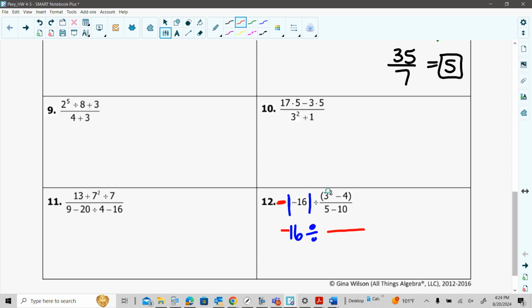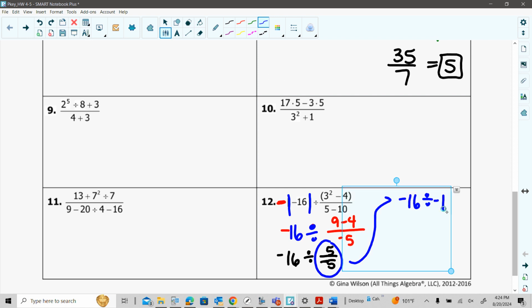When I simplify the top here, we have 9 minus 4, and the bottom, 10 minus 5, is a -5. Well, 9 minus 4 can be simplified, so I really have -16 divided by 5 over -5. Well, 5 over -5 can be reduced to a -1. I'm just going to rewrite -16 divided by a -1 turns into a +16.